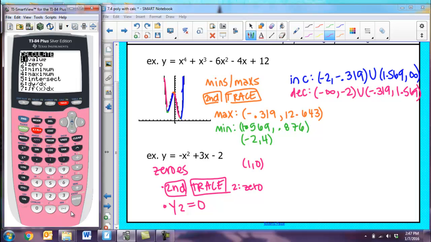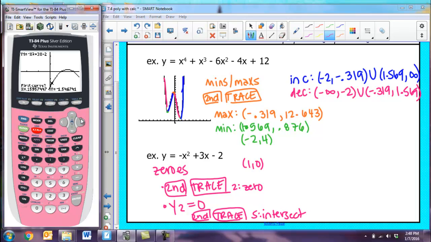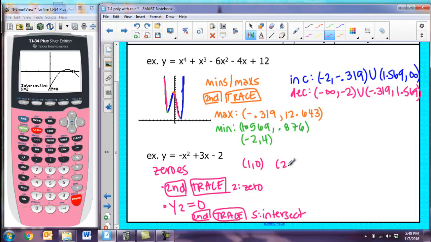So second calc number 5 would be the intersection. Get close to that point, press enter, enter, enter. Of course, it's going to take forever to get there. Enter, enter, enter. And so my second 0 was at 2, 0.